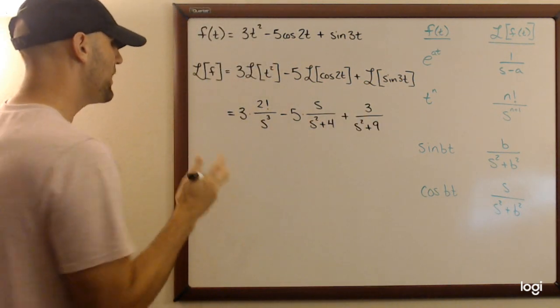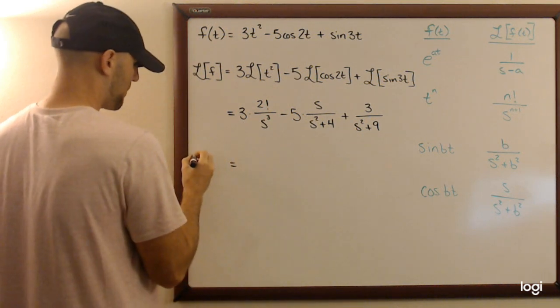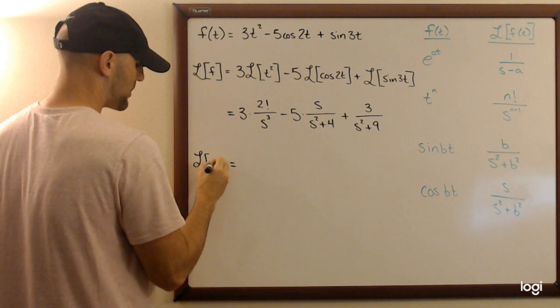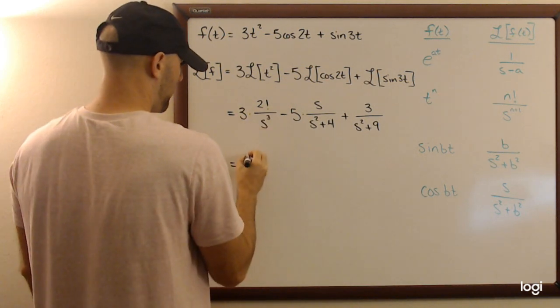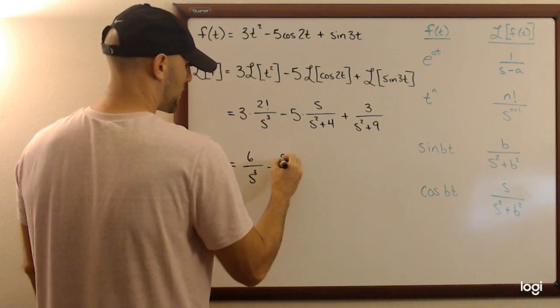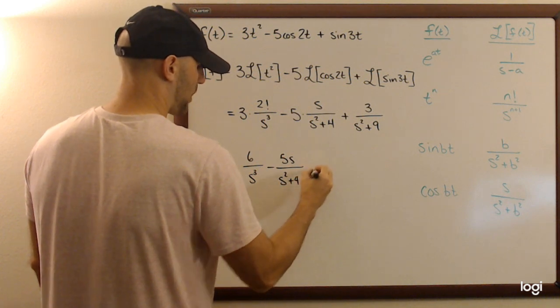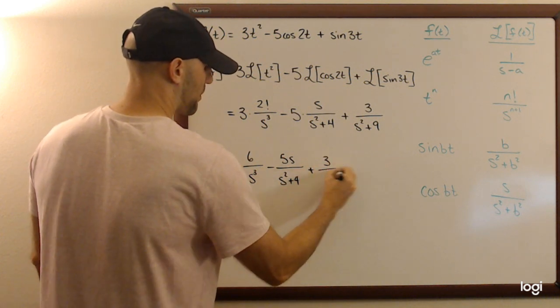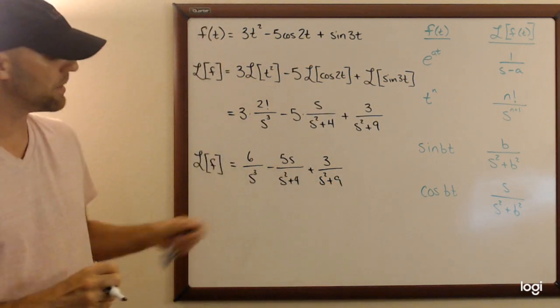Okay, I'm going to clean this up a little bit, but I'm not going to do too much else with it, for reasons I'm going to get to in a second. 2 factorial is 2. So this is 6 over s cubed minus 5s over s squared plus 4 plus 3 over s squared plus 9. I'm not going to combine these fractions.